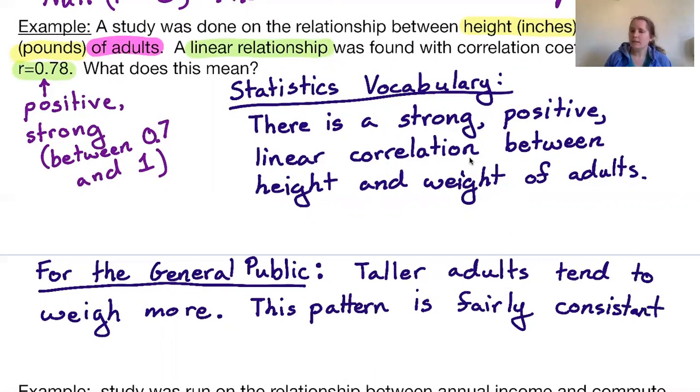So this doesn't mean that a taller person necessarily weighs more than a shorter person, but this is just a general observed pattern that taller people do tend to weigh more. Again, key word here is that tend. So there's an observed pattern, but it's not guaranteed.